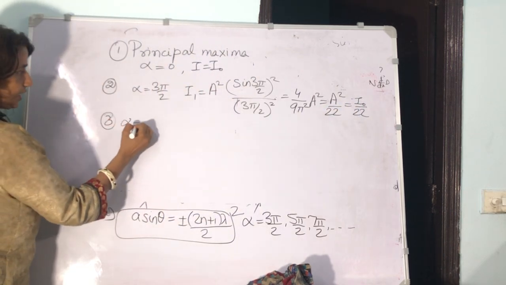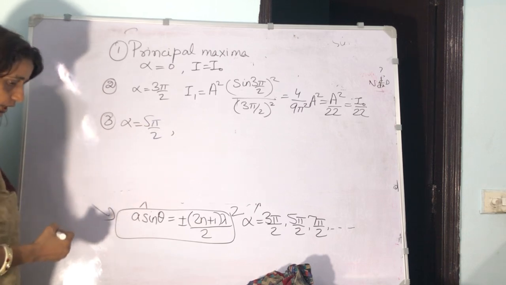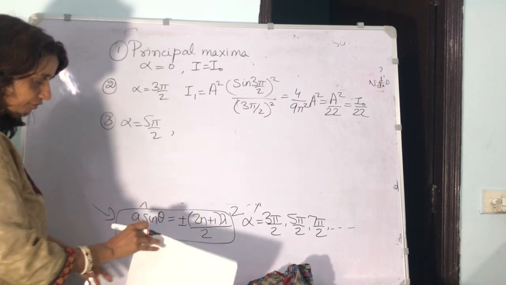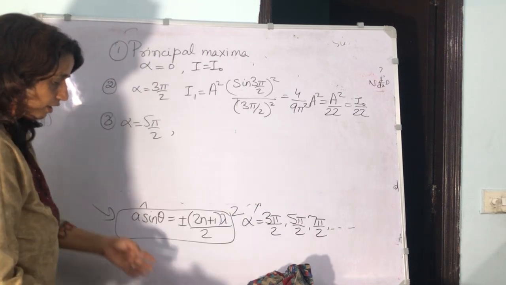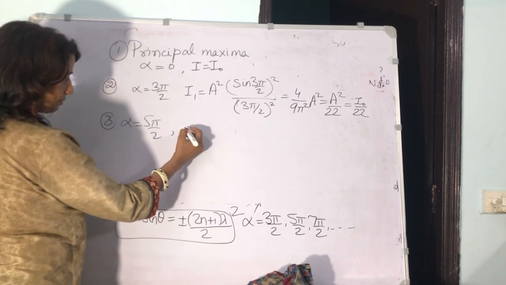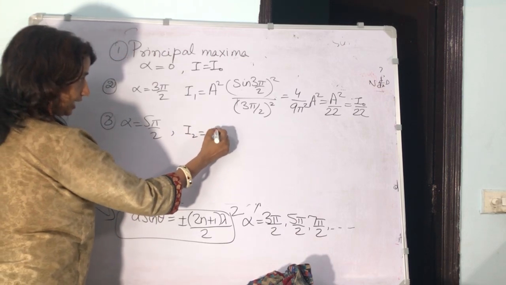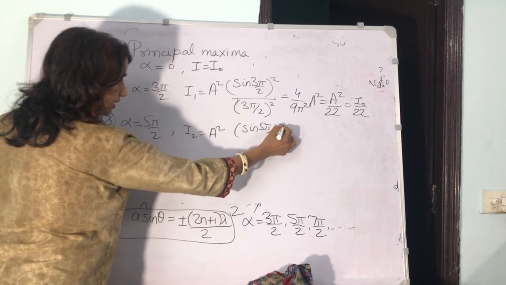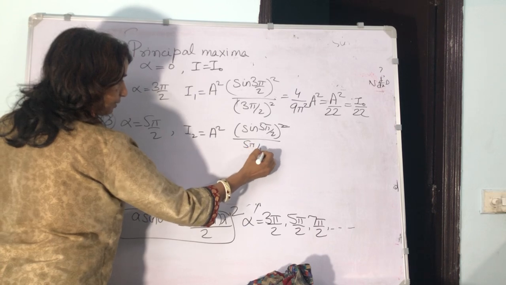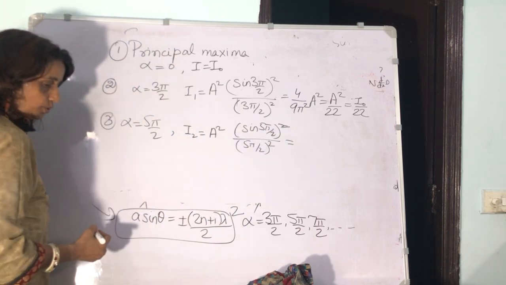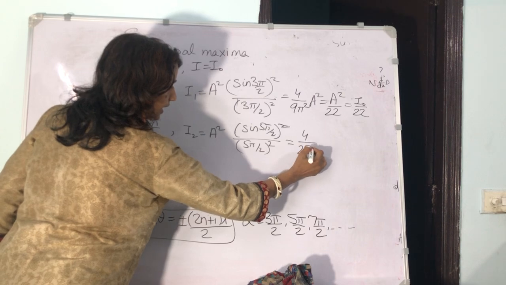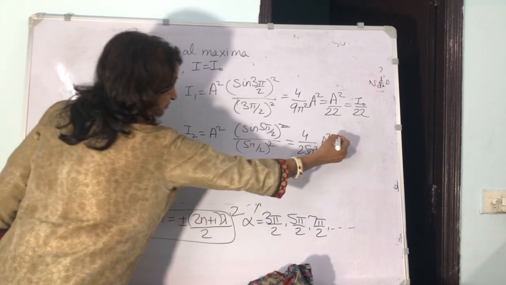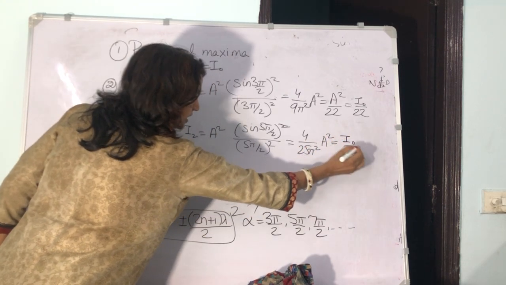Third, alpha equal to 5 pi by 2. It is 4 upon 25 pi square, that means I is a square sine 5 pi by 2 whole square upon 5 pi by 2 whole square, equal to 4 upon 25 pi square a square, which is equal to I naught upon 62.